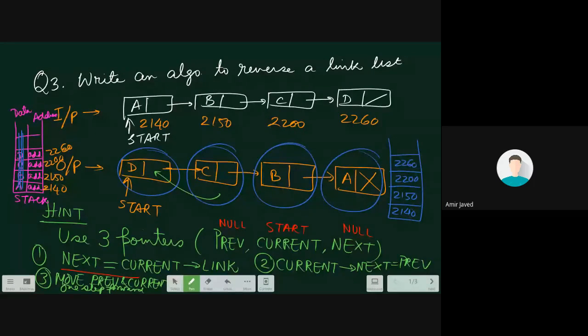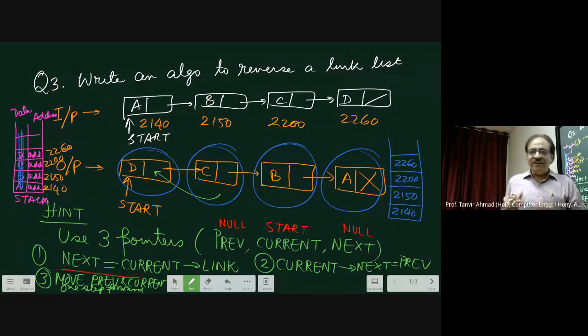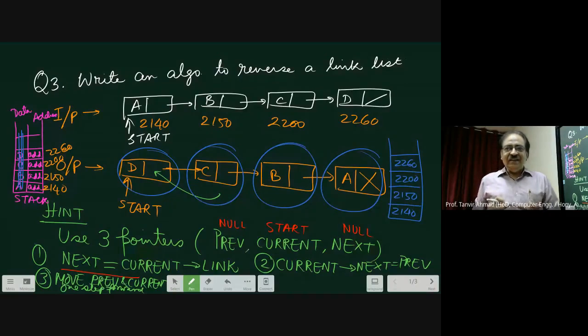Sir, the pointer at the end of the linked list. Now that is an intelligent use, correct? Good. What you can do is, when you pop D, let us try to see what can be done. Just by using a small modification, you can convert the algorithm into a better one.